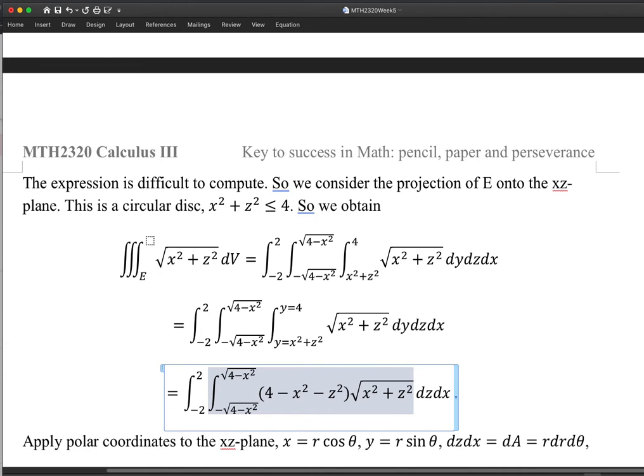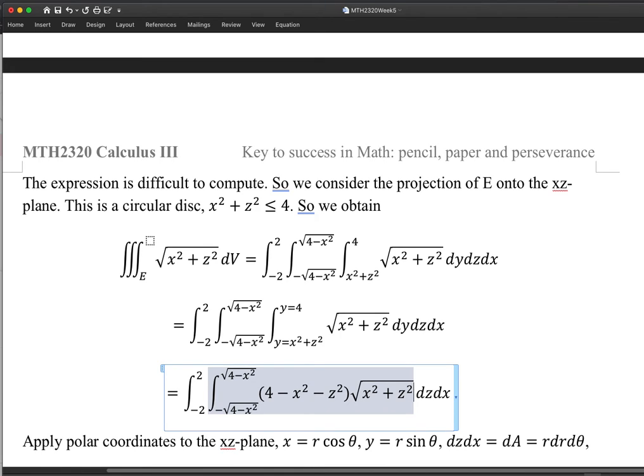Now you want to think about this very carefully. To this moment, we kind of get to the same situation. We still will have to handle z squared inside the radical notation. In general, it is not that easy. It is very hard. But we do understand the region we work on in the xz plane.